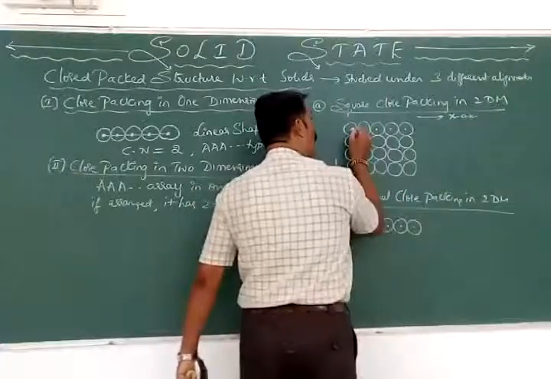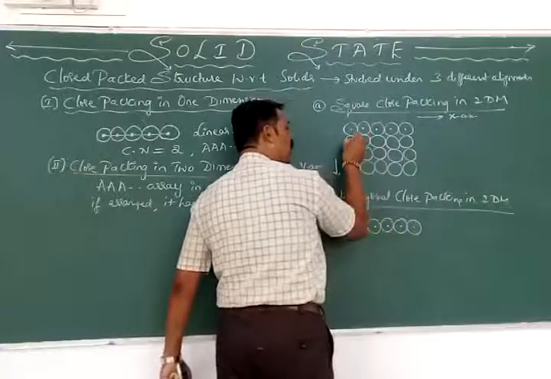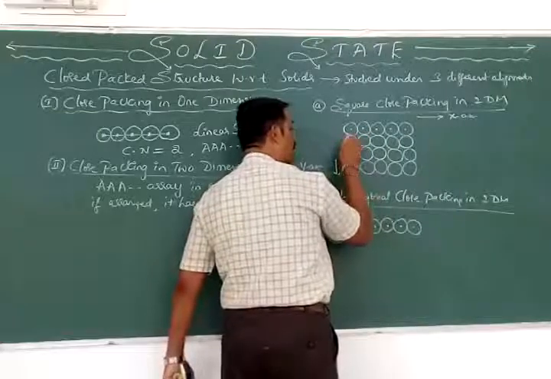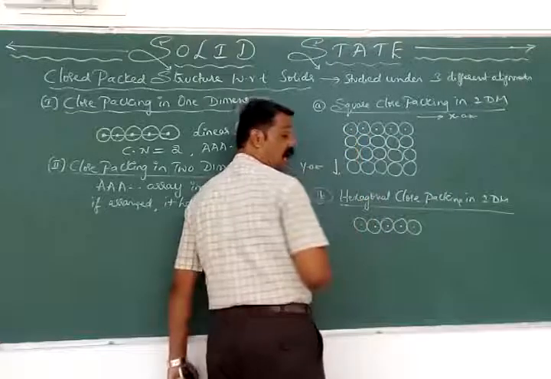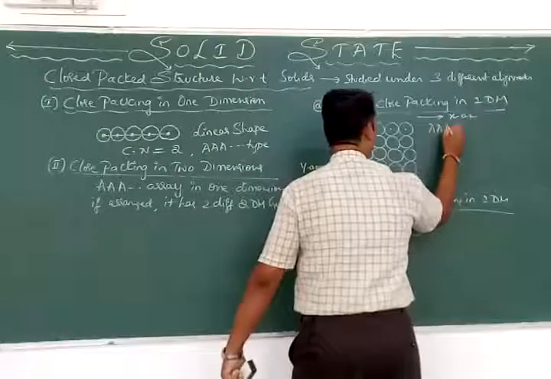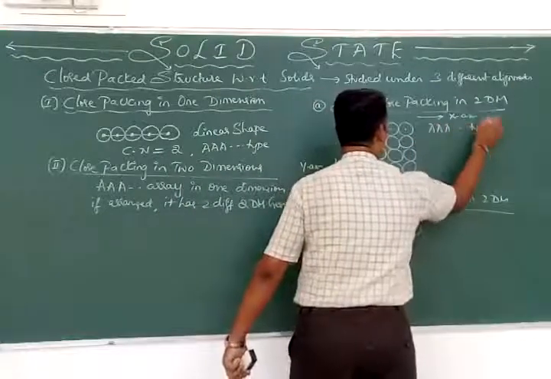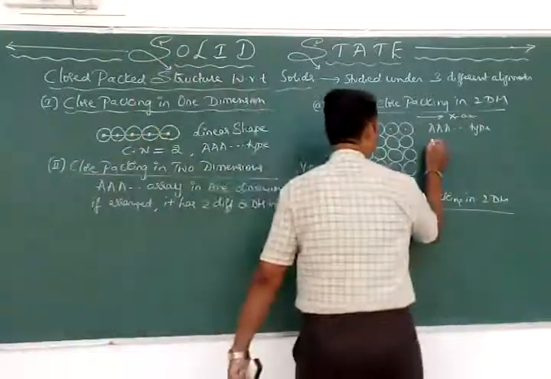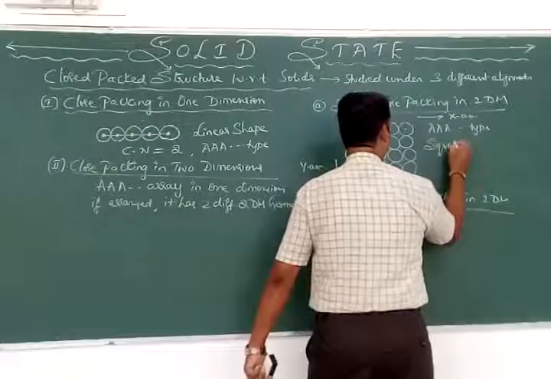If one sphere is exactly below that in the second layer, and the second particle is exactly below that in the third layer, again this is of A type with respect to two dimensions. And the geometry for this one is found to be square close packing.